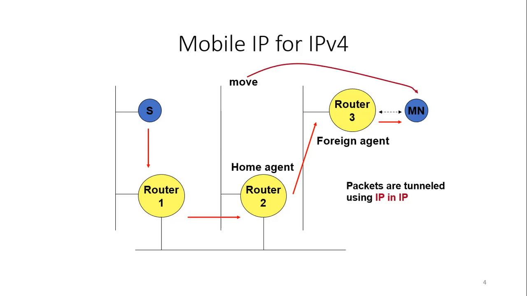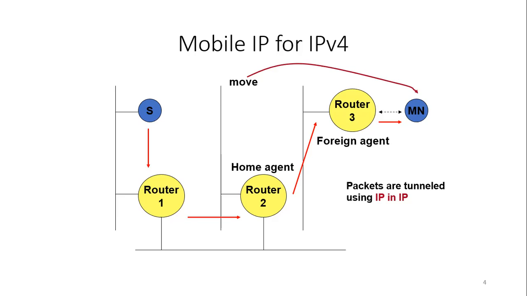But if you change your IP address, the sender needs to know. The sender will be putting your IP address on the IP packet when he forwards something to you. And accordingly, the packet will get to you. So if you change your IP address, that packet will not reach you. So this is a problem with mobility. You cannot keep the same IP address because you are changing locations geographically.